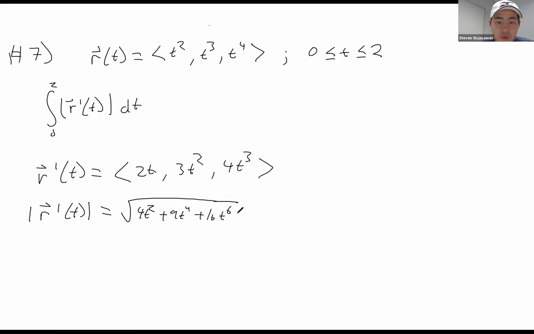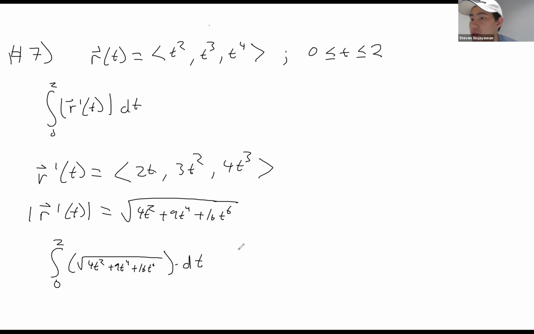So what we're doing is integrating this, which gives me the integral from 0 to 2 of the square root of 4t squared plus 9t to the fourth plus 16t to the sixth. For the purpose of this, the textbook says to use a calculator to approximate the integral.